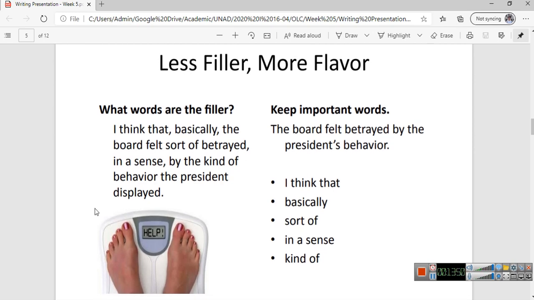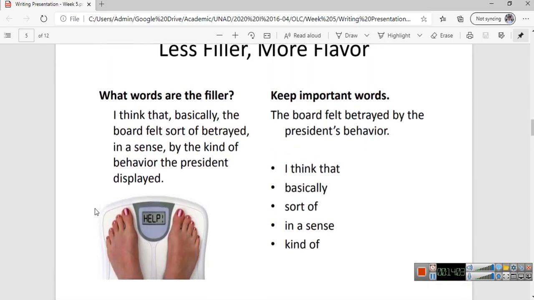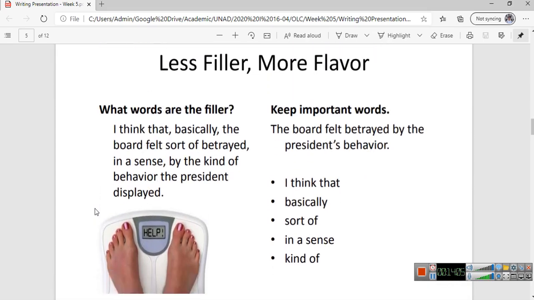I think that basically the board felt sort of rejected, in a sense, by the kind of behavior the president displayed. Very good. How about keep important words and the list? Dania, go ahead and read that. The board felt betrayed by the president's behavior. I think that basically, sort of, in a sense, kind of.